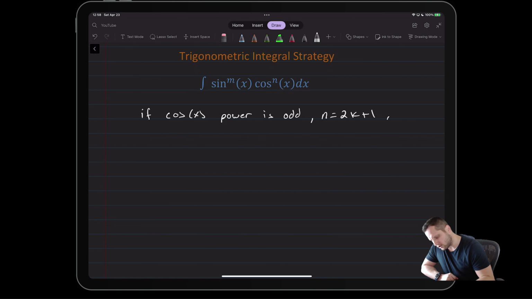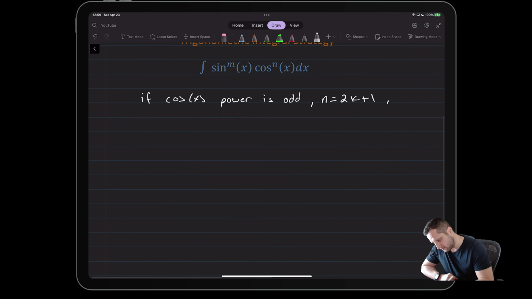So this is what it is going to look like.